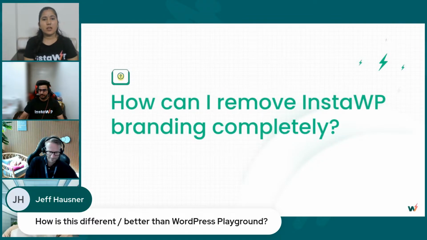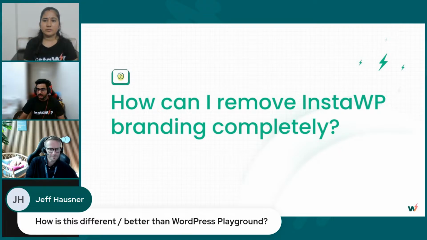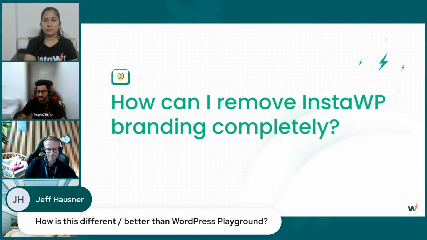The next question is, how can I remove InstaWP branding completely? As we shared on the template side, you can add your own branding, like colors, logos, images, and other stuff. For hosting companies, when a user creates a demo site and wants to migrate to you, the migration plugin is also available in white label, and you can hide our branding completely.